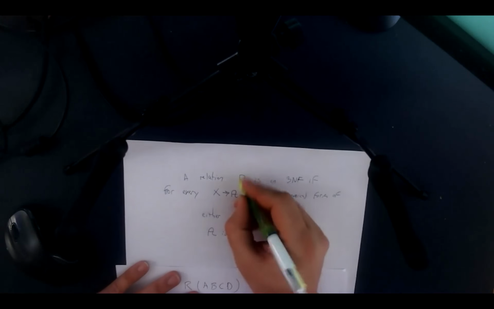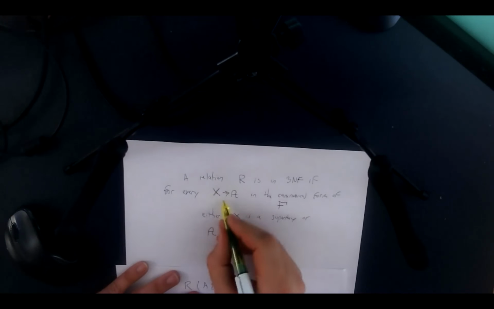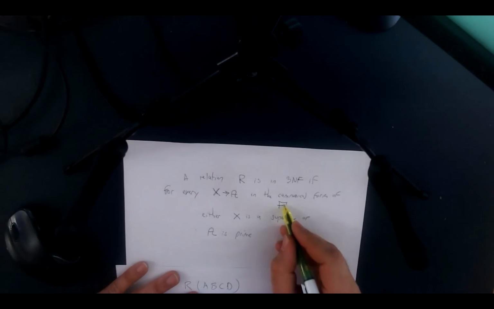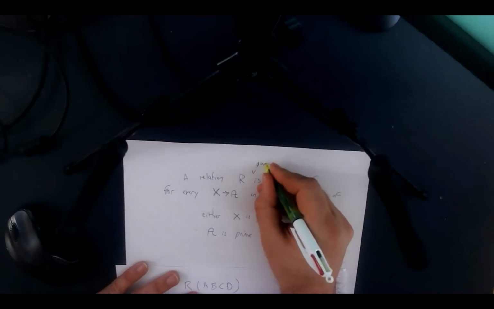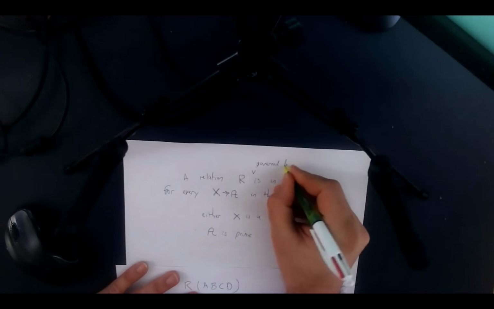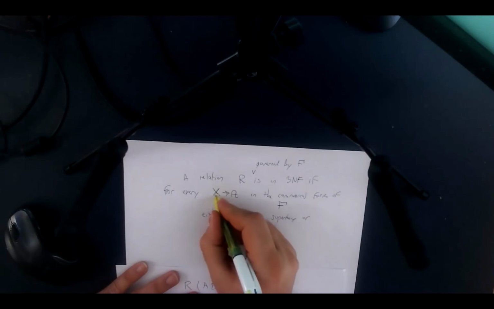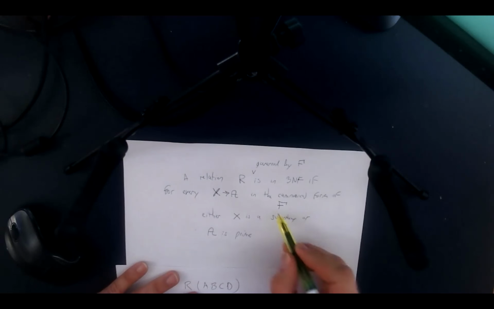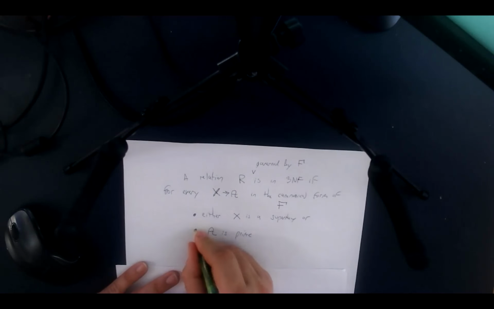A relation R governed by F is in 3NF if for every X goes to a single attribute A in the canonical form of F, because we can form the canonical form of F, either X is a superkey or A is prime. Does that help, I hope?